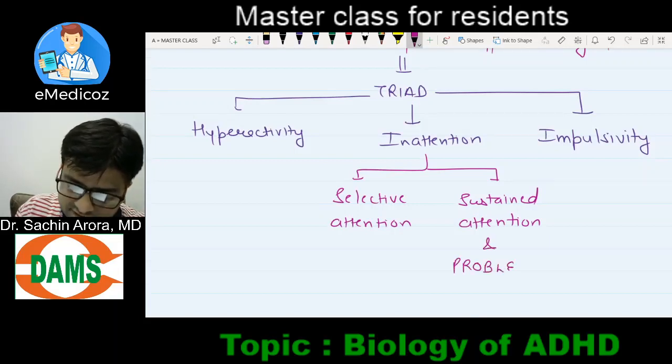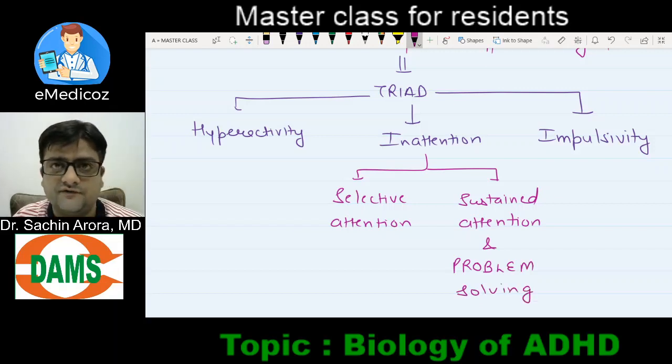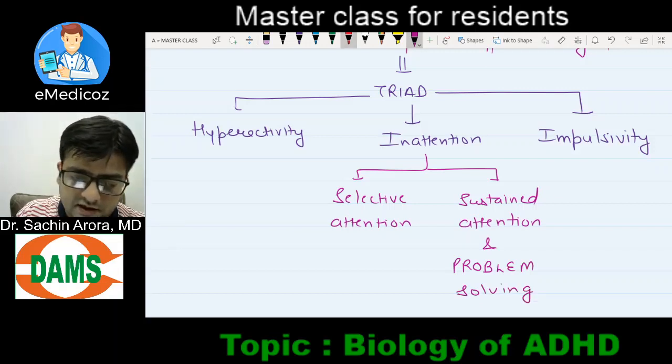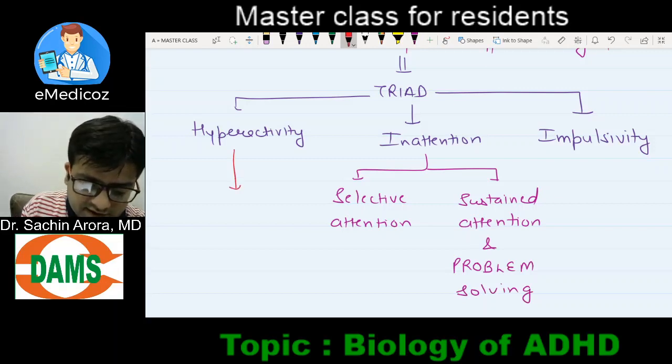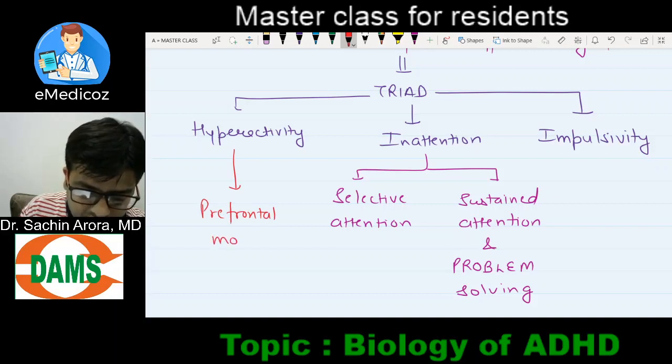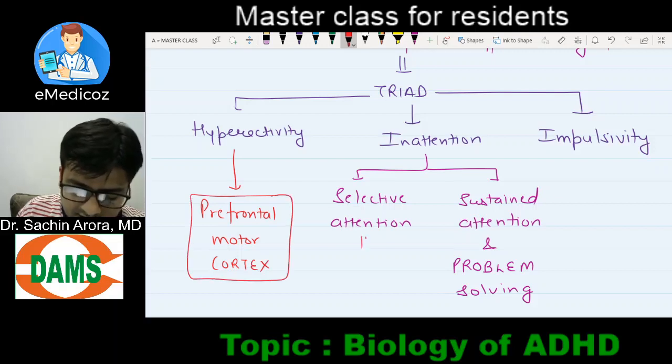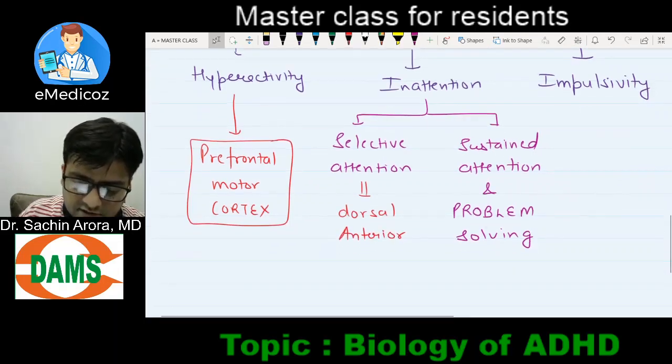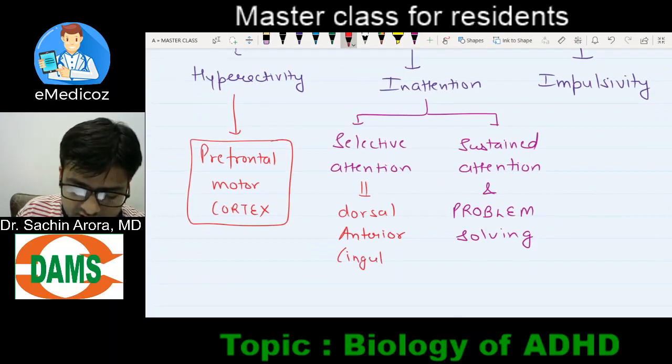All these symptoms are linked to different parts in the brain. Hyperactivity is linked to the prefrontal motor cortex. Selective attention is linked to the dorsal anterior cingulate cortex.